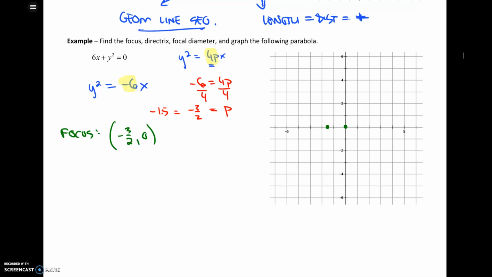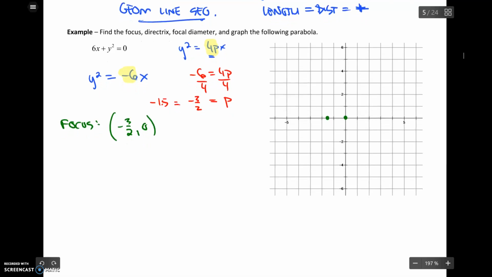If the focus is 1.5 to the left, the directrix is going to be the same distance to the right. So the directrix has the equation x equals positive 3/2. And then the focal diameter is equal to the absolute value of 4p.